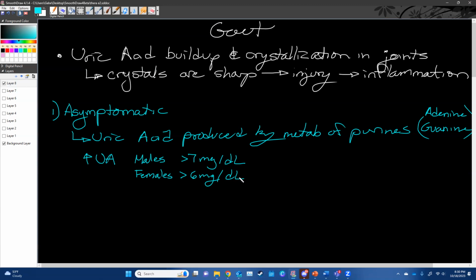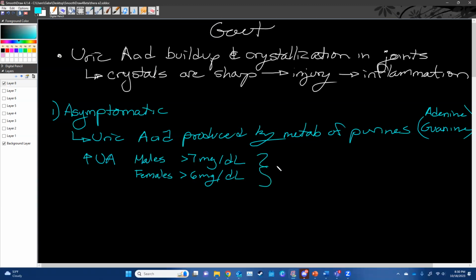What's important to note about uric acid levels is that it has to be chronically elevated. If you went out and you ate a bunch of steak right now, you would have elevated levels of uric acid because your body is metabolizing all that protein, all that DNA. That doesn't necessarily mean that you are going to develop gout.